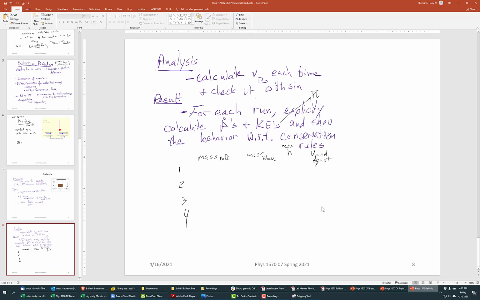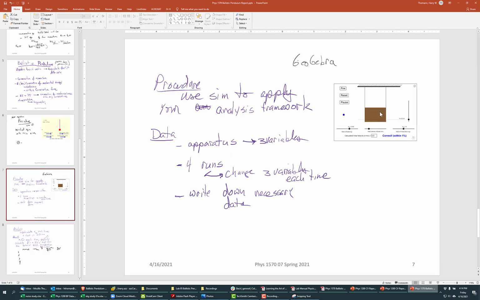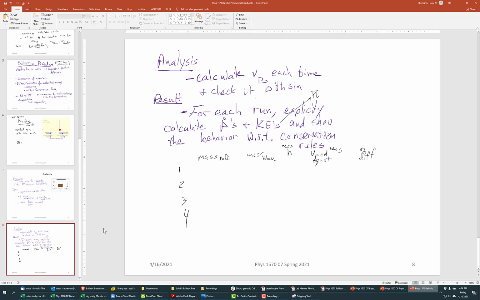I don't know if it's going to tell us our V actual, but it will tell you the percent difference. So you don't have to actually calculate it. All right, so then in principle, it's going to be little or no percent difference each time. You have a little bit of error, it's a little tricky measuring that height. I'm not going to have you do the error propagation.